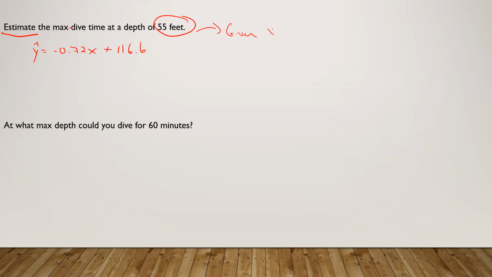Yeah, you're given the depth, which was the x variable of 55. So you're going to literally plug this into your equation. So y hat is equal to negative 0.72 times 55 plus 116.6. Can anybody tell me what they got when they plugged this into their calculator? 77. Yeah, so your max dive time at 55 feet is 77 minutes.